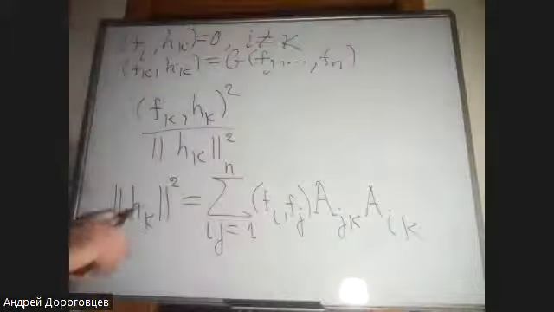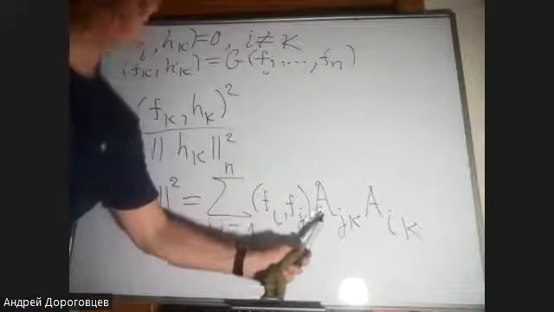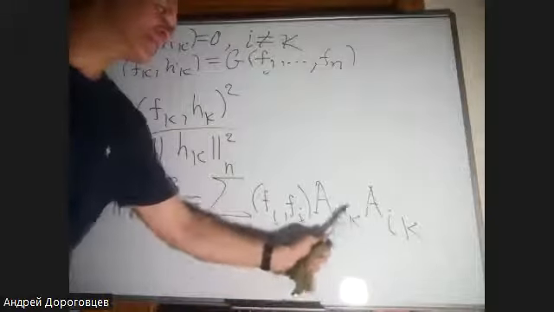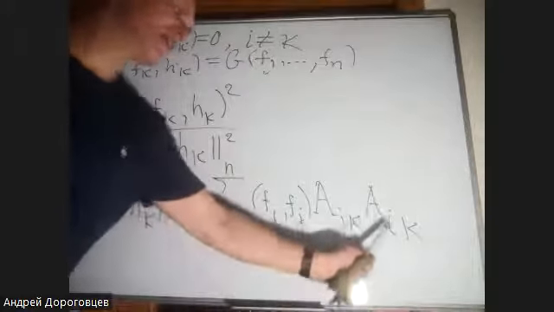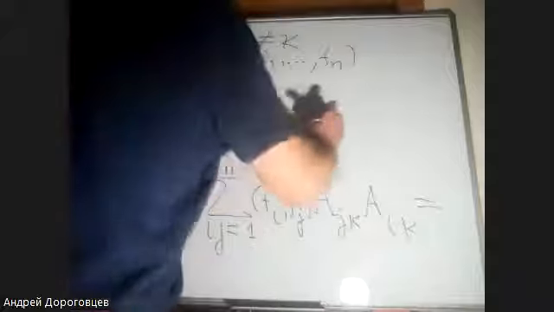This is, as usual, the algebraic complements in the Gram determinant for the indices jk, ik. And it is easy to check that it is equal to an interesting expression like this one.